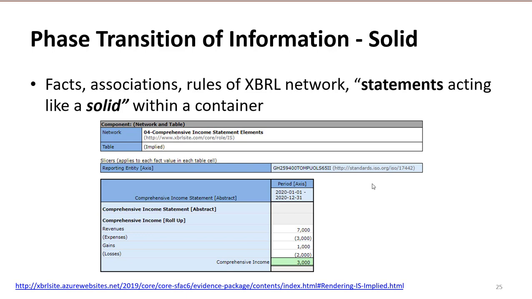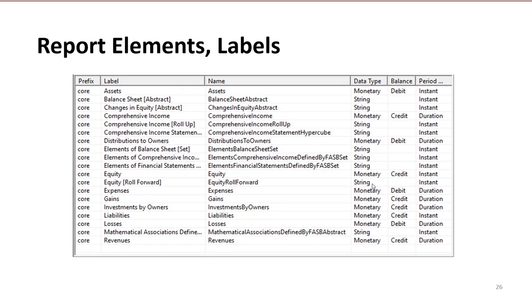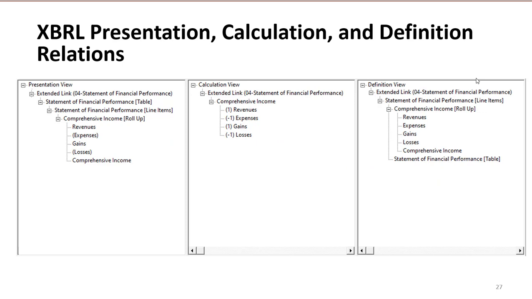Okay? So I want to walk you through how you do this. So here is a screenshot of the information I'm working with in an XBRL taxonomy tool. This is just the list of elements, report elements, and labels for the elements. There's no relations. These are just terms. Okay, no associations. In XBRL, you have 3 different types of associations: presentation relations, calculation relations, and definition relations.